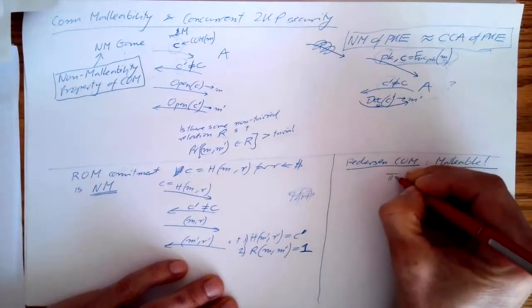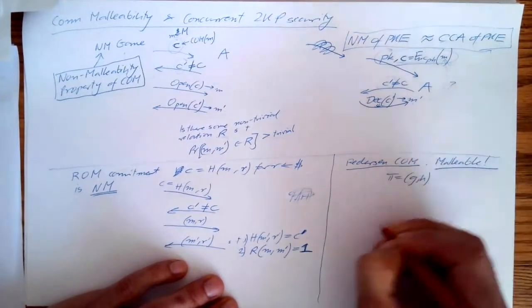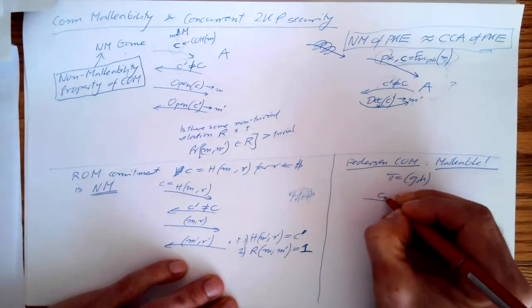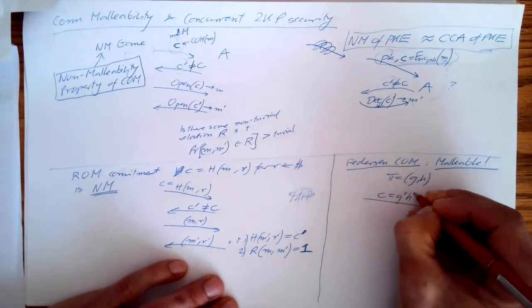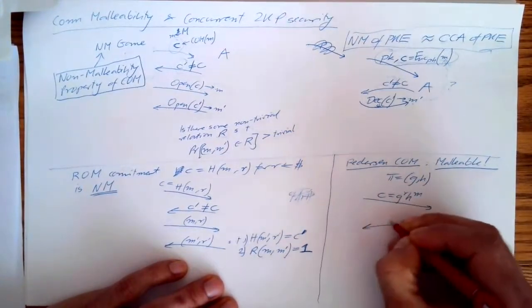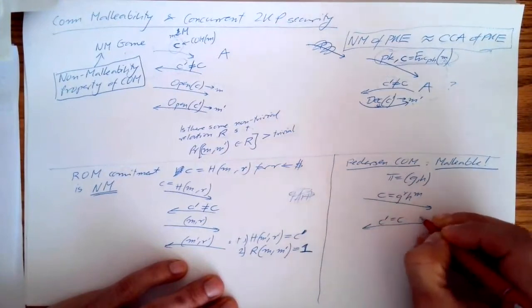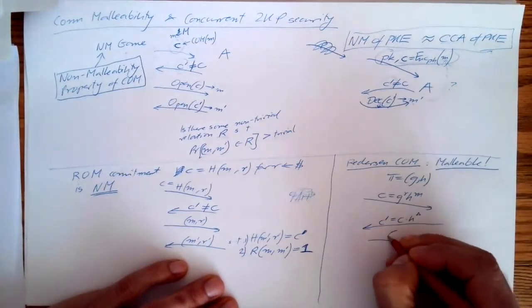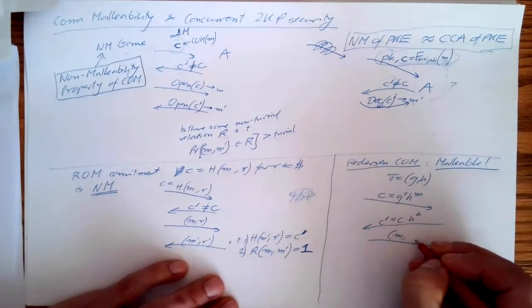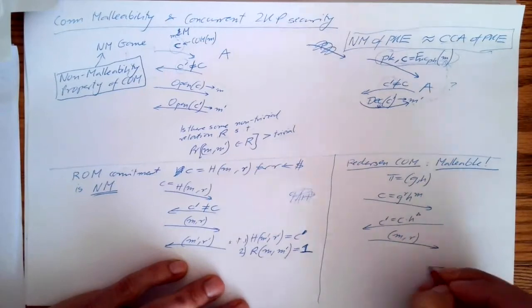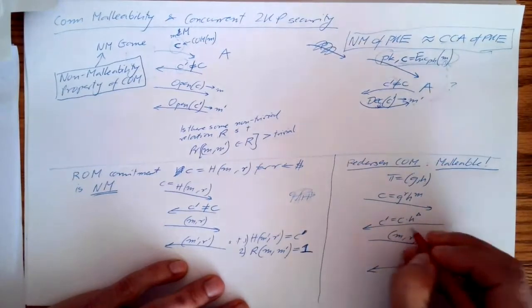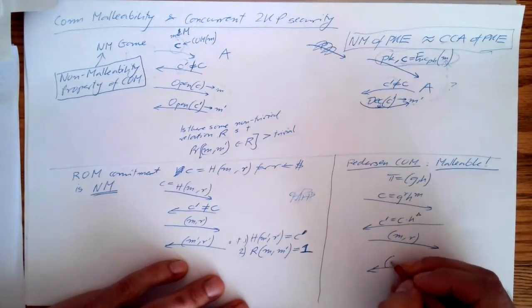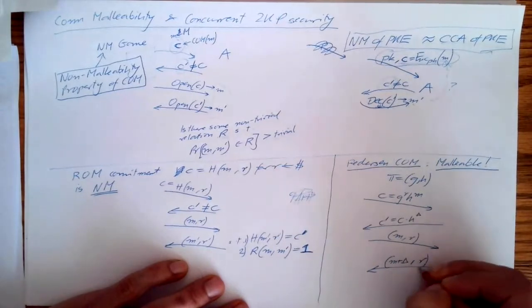So think of the parameters in the CRS, and this guy sends g^R h^M, and this guy sends C', which is C times h^delta. You can see it straight away. This guy opens M, R, and this guy opens M plus delta, R.